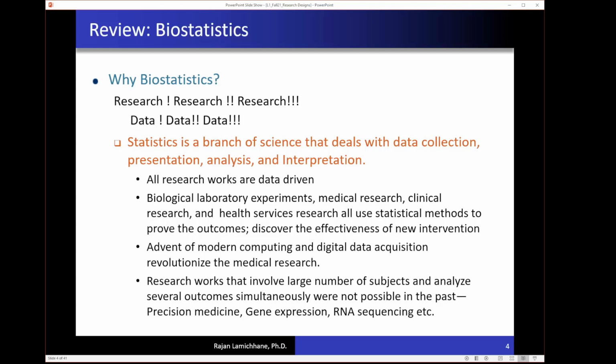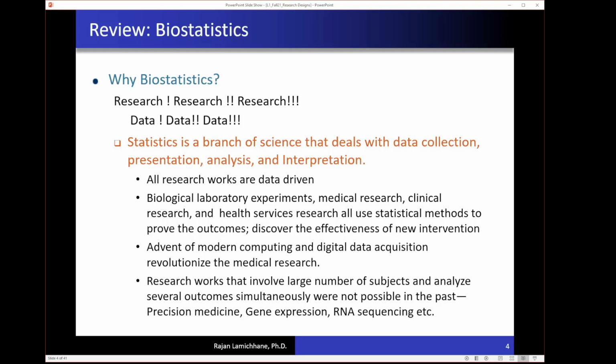But after the advent of the modern computer, it made all digital data acquisition very easy, and it revolutionized medical research. Research works that involve a large number of subjects and analyze several outcomes simultaneously were not possible in the past due to lack of advanced computers.